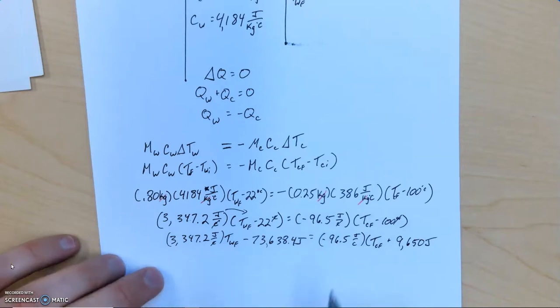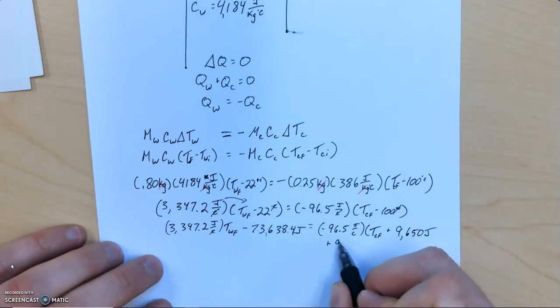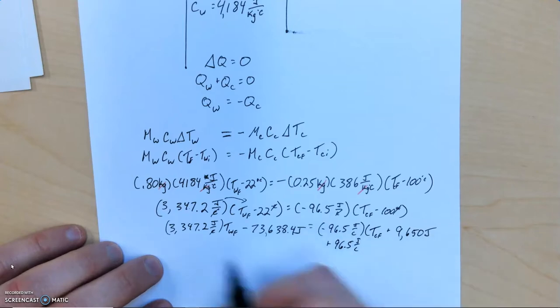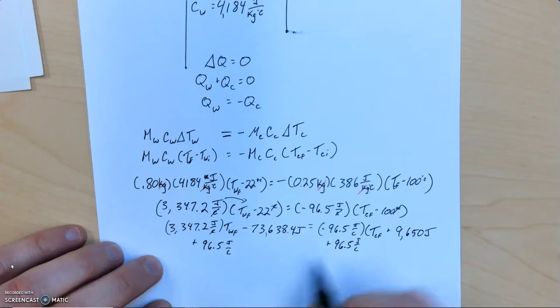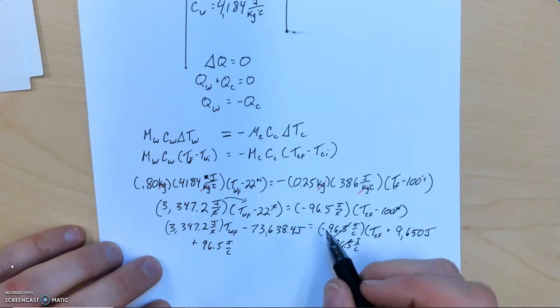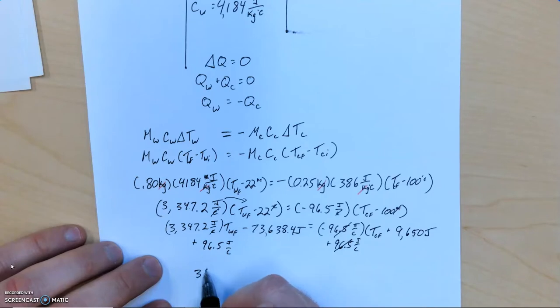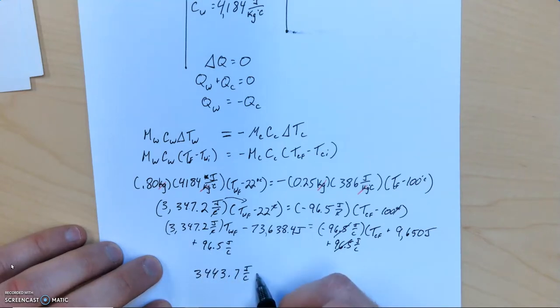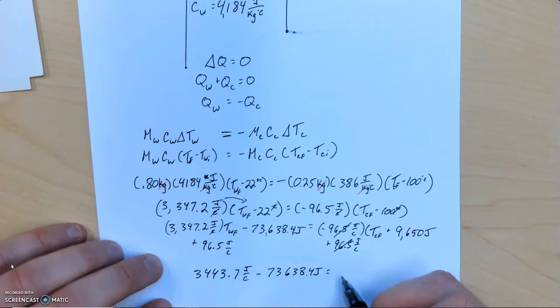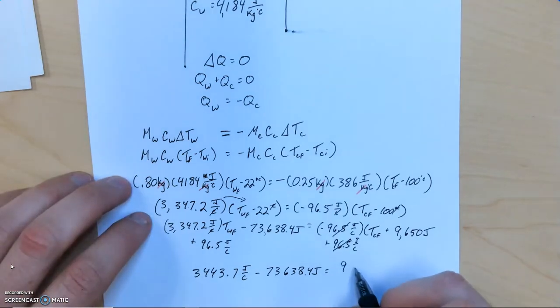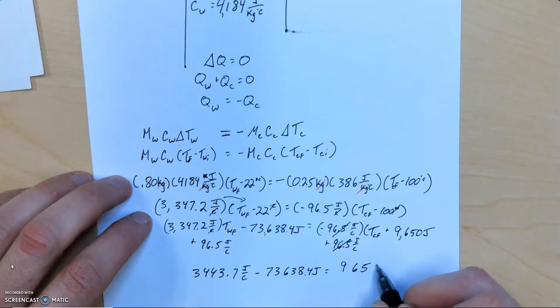Now what we want to do is move the 96, so we're going to add 96.5 to both sides, they'll cancel out, and we're going to be left with 3.7 joules there, so we add those together, minus 73638.4 joules. That's going to be equal to 9650 joules.